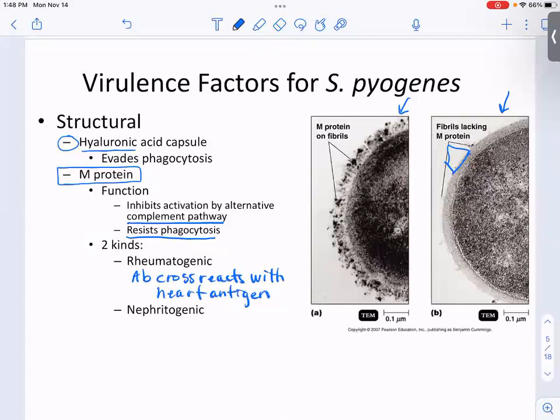And the other kind of M protein, the nephritogenic, we make our antibodies cross-react with kidney antigens. Okay, so we'll come back to that because that's going to potentially cause some complications of a strep infection, some autoimmune complications.